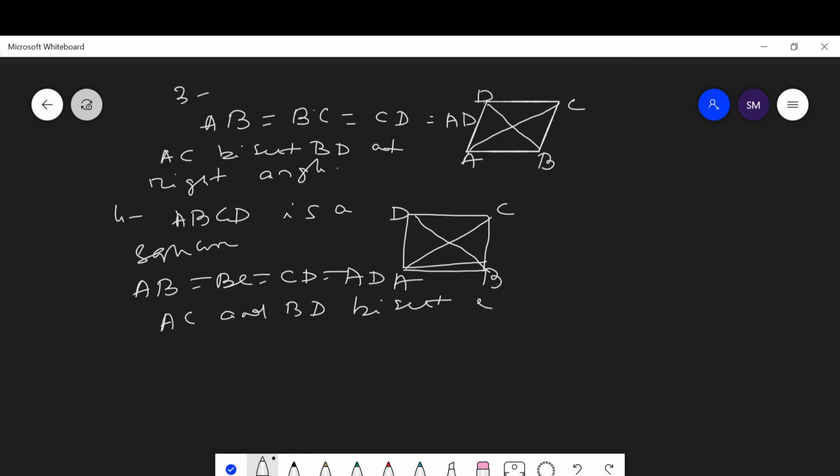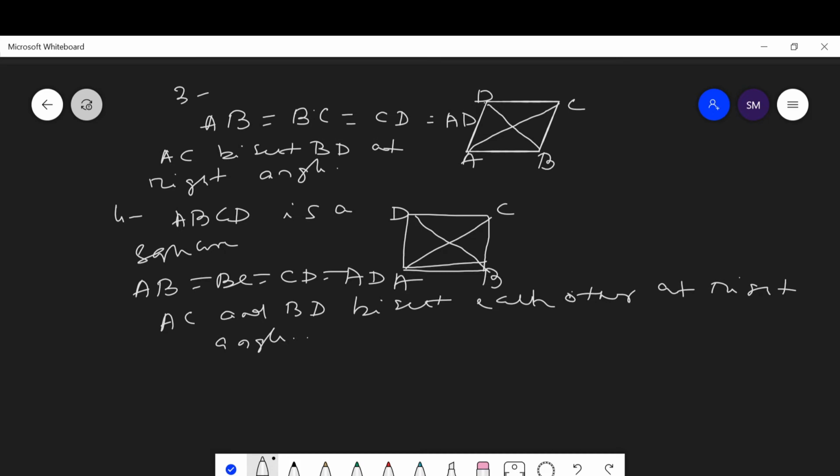Bisect each other at right angle. Look here. All squares satisfy the properties of a rhombus, but not all rhombuses satisfy the properties of a square.